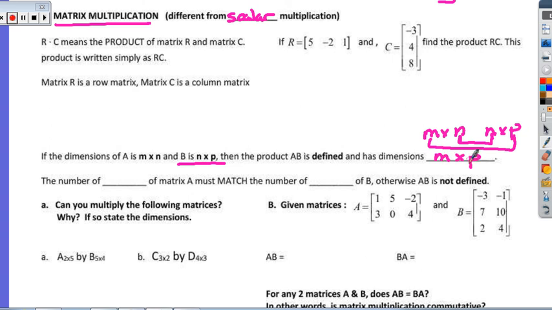All right, so let's apply that right up here to this one. This is a 1 by 3. This is a 3 by 1. The columns in A match the rows in B. Therefore, the resulting matrix is just going to be a 1 by 1. So if you have a row and a column with the same number of elements, you are just going to get a single answer.